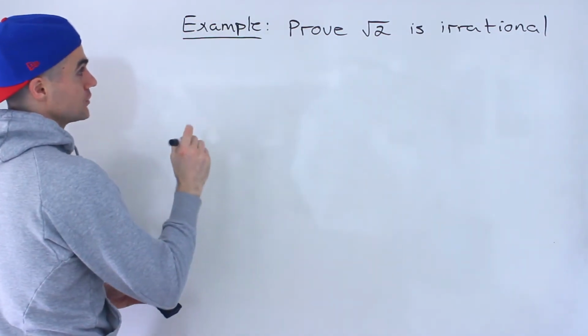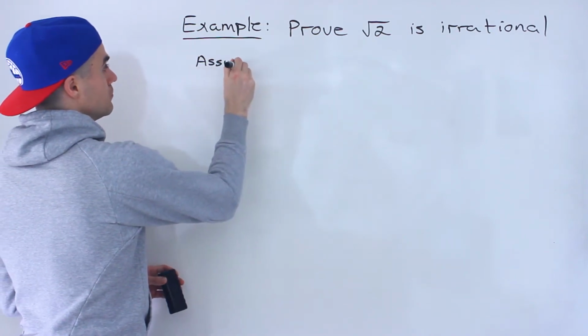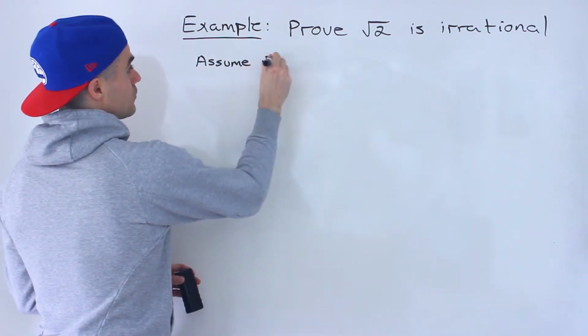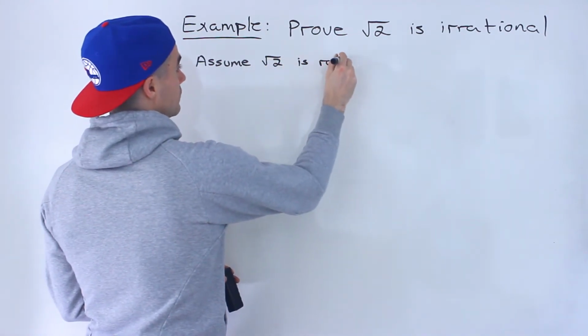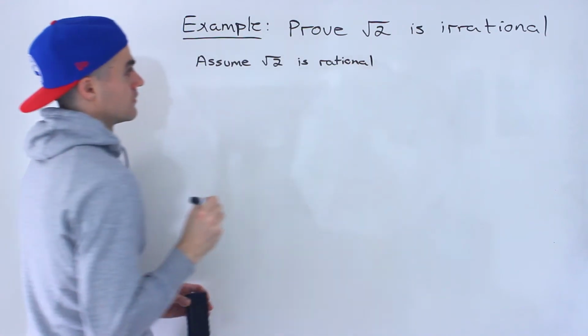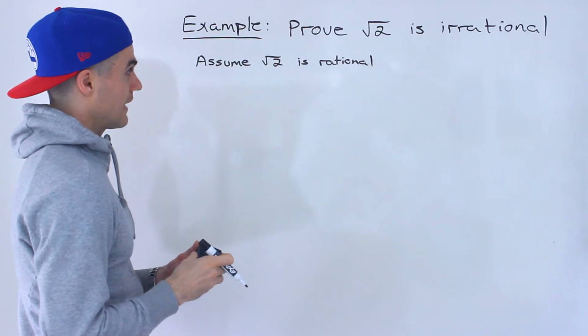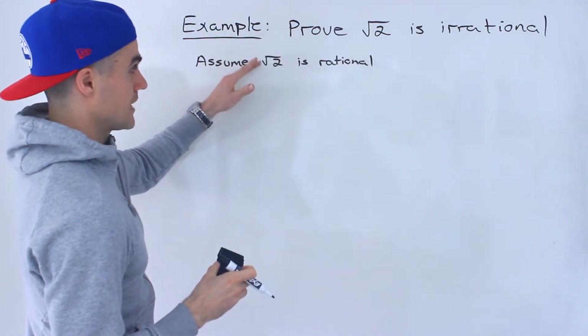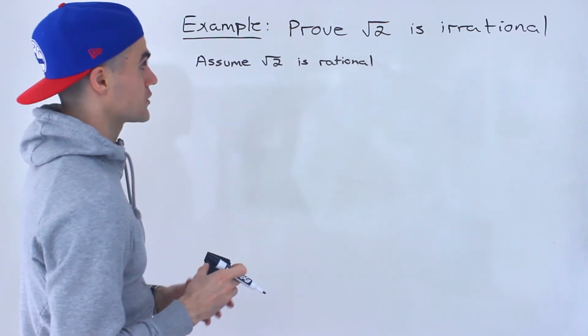To start off, we're going to assume that the square root of 2 is rational. That's going to be our initial assumption. If we can show that this assumption is incorrect, that it can't be rational, then it's going to be irrational.